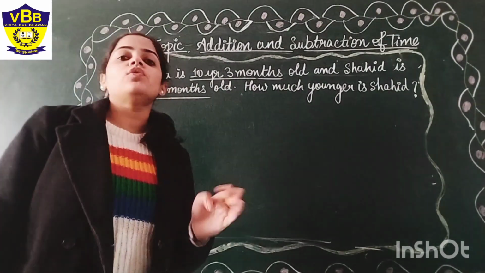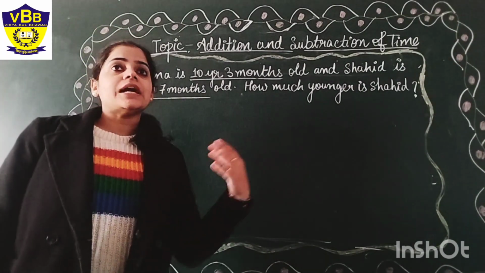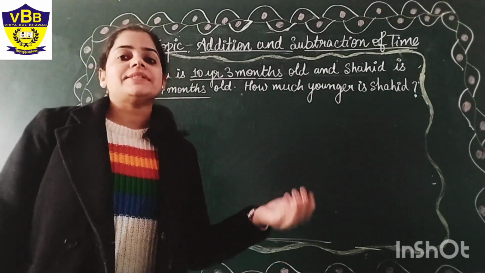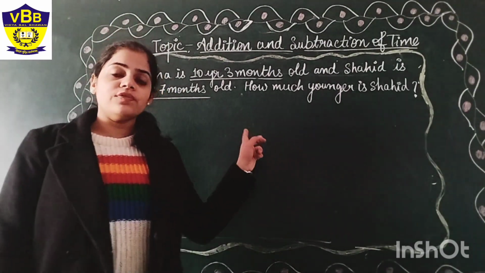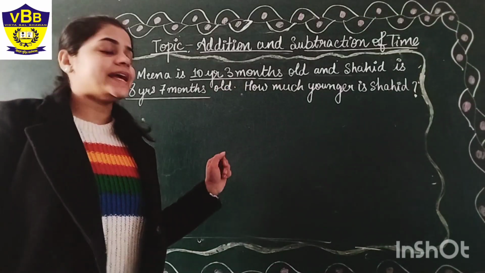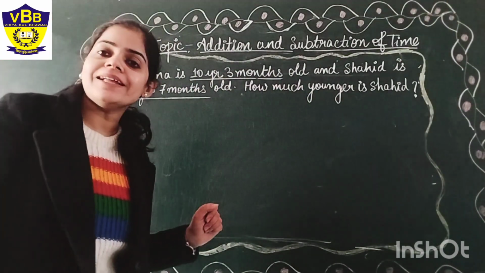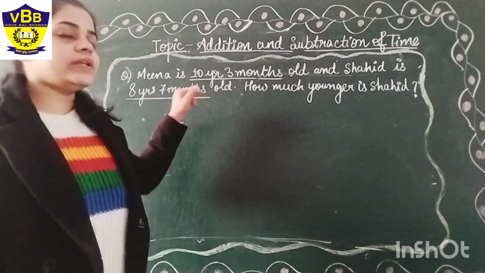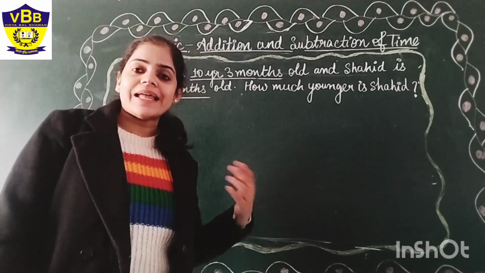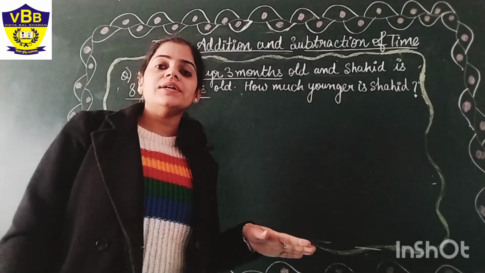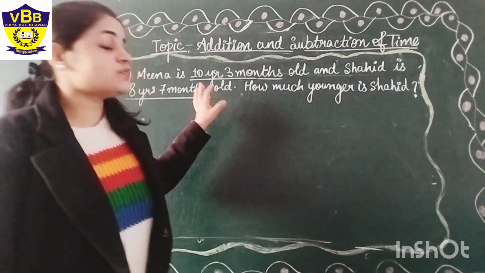Like you have seen in your homes also, you compare your age with your brother and sister. How much younger is your brother or sister? How much older? Same we will do here. We will compare both ages and tell how much younger Shahid is than Meena. How to find that? We will find that by doing the subtraction. How to compare who is bigger, who is smaller? We will compare it by finding the difference between both ages.